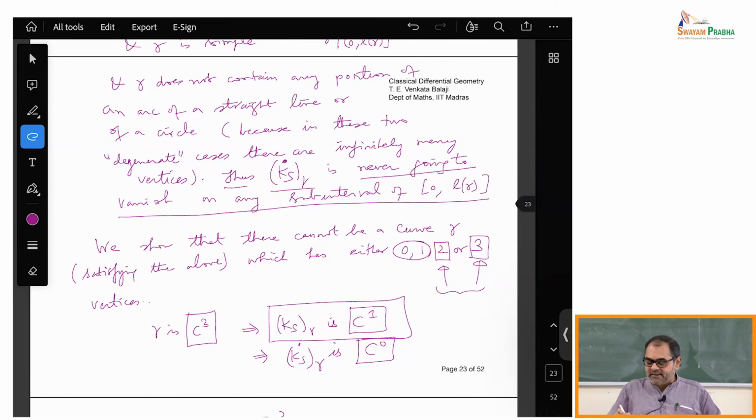But here is the key point. In either of these two cases, there are 2 points on the curve such that if you take the line joining those 2 points, it will break the curve into 2 pieces, because that is where convexity is there.